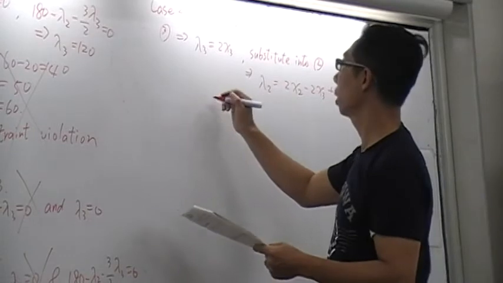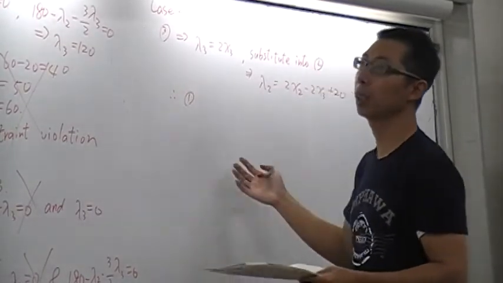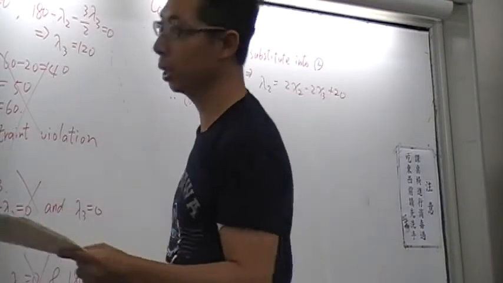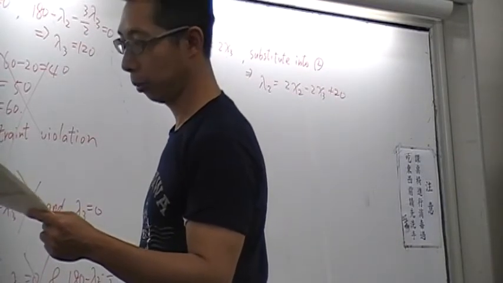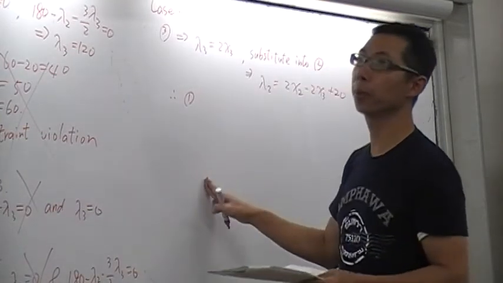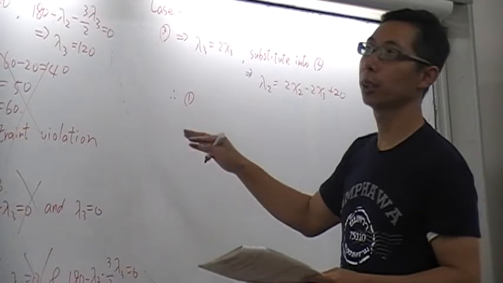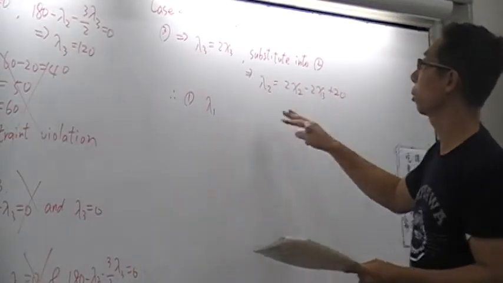And equation 1. What is equation 1? In this case, lambda 1 can be expressed in terms of x1, x2, and x3.